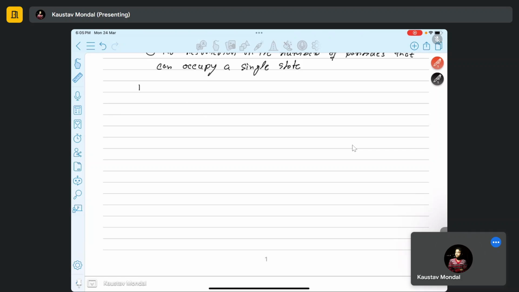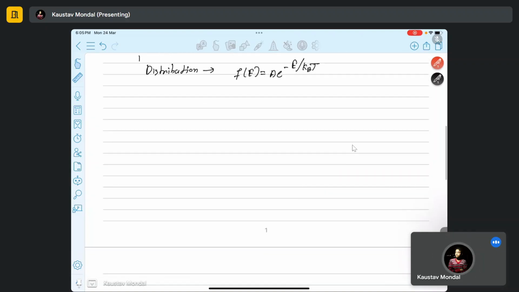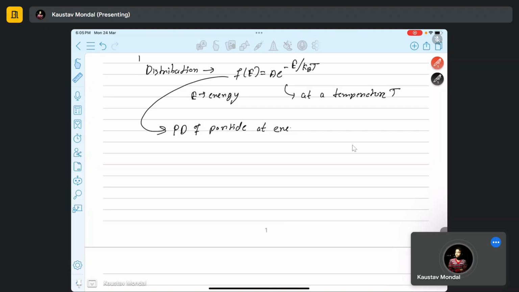Distribution function. The distribution function obeyed by these particles would be A e to the power minus E by k_B T, where E is the energy, at a temperature T. This basically gives us the probability distribution of particles at energy level E at a temperature T. That distribution is given by this exponential function.